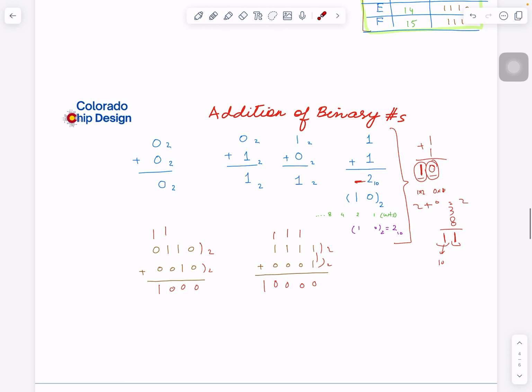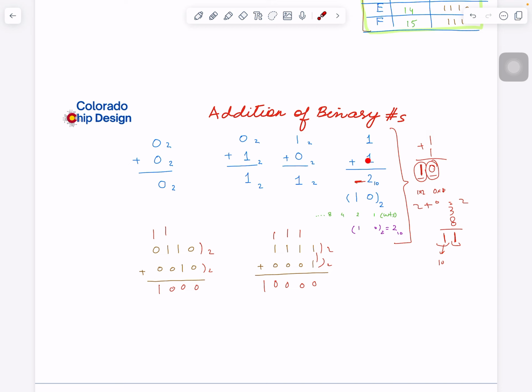Now we look into addition of binary numbers. In binary numbers, we're looking at 0 and 1. So we can have 0 0, 0 1, 1 0, and 1 1. This is simple. 0 plus 0 is 0, right? 0 plus 1 is 1, which is still a valid binary number, so 1. 1 plus 0 is 1.